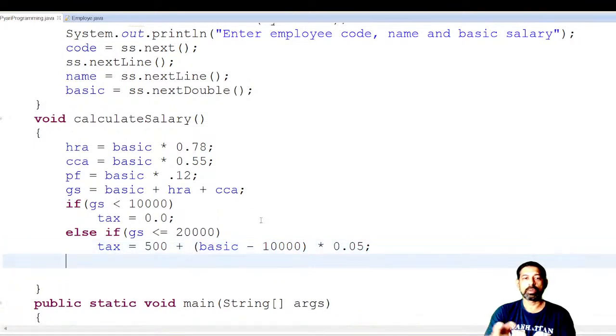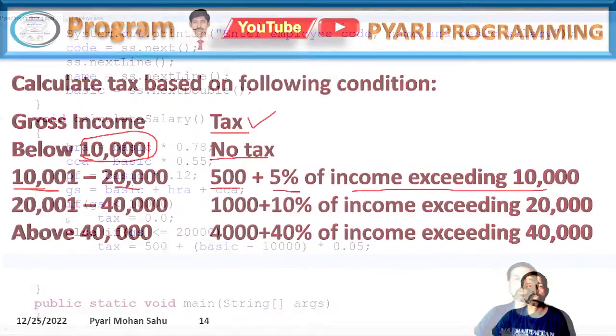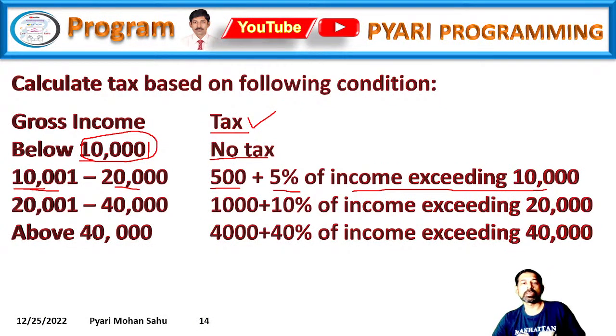After that, what will come next? Else will come. Else if or else. See, else if or else. So next is your 20,001 to 40,000.